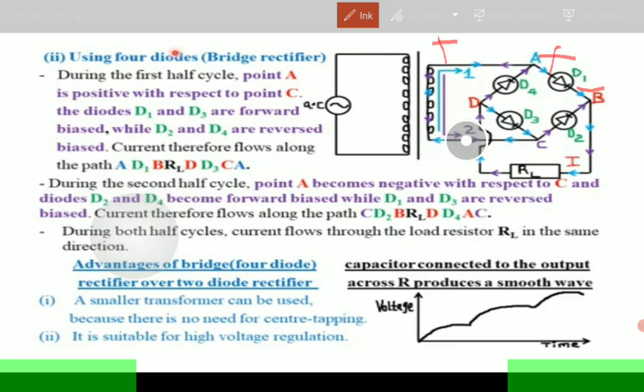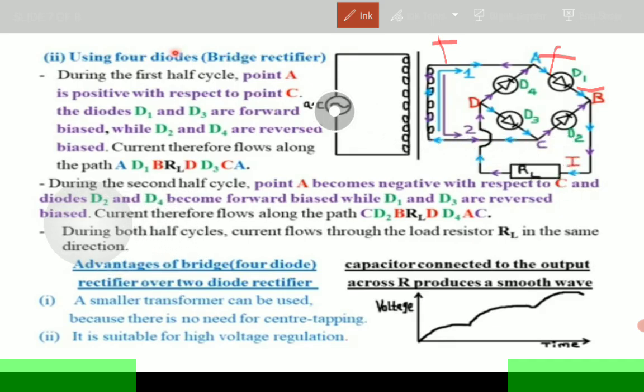All right, so in this case, what are we saying? We are saying during the first cycle, point A, which is this one here, is positive with respect to point C. Point C, this one.